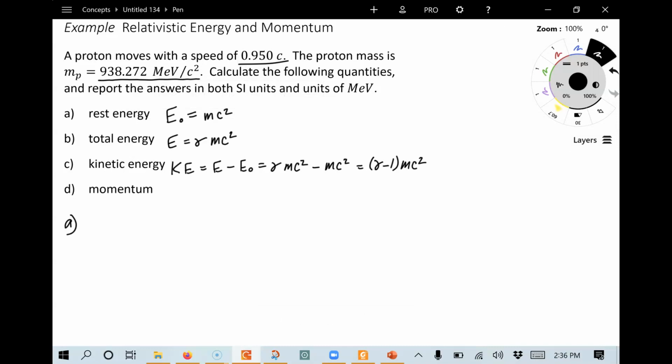So for part A, E0 is equal to mc squared, plug in the mass, 938.272 mega electron volts per c squared. Now I don't even need to plug in the value of c here, because I can just cancel these out directly. And we end up with, okay, that was easy. This is the rest energy of the proton.